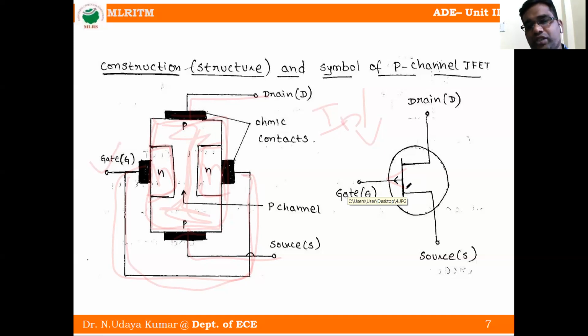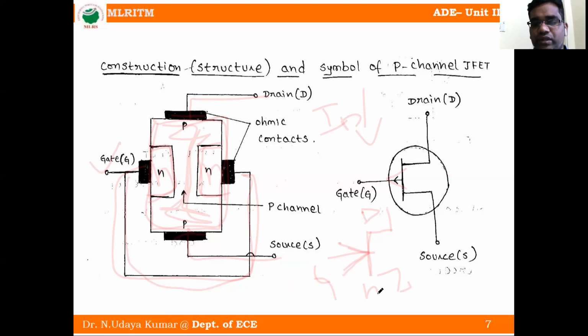In the previous one, this is the FET symbol: drain, source, gate. The arrow mark is towards the bar, and towards the bar means it is an N channel. Here it is towards the outside, so the conventional current direction is outward, which means P channel.